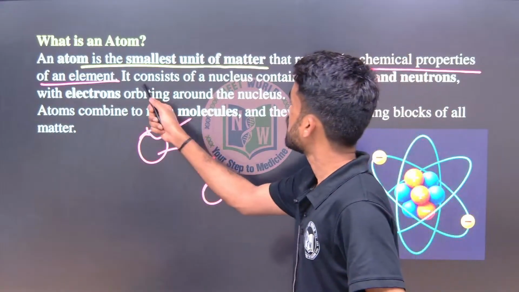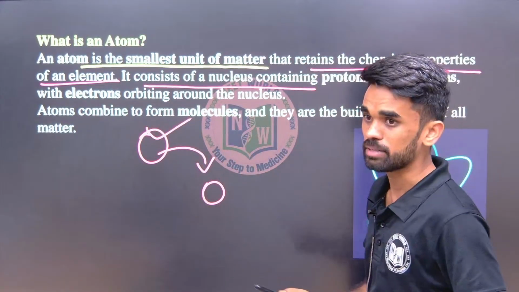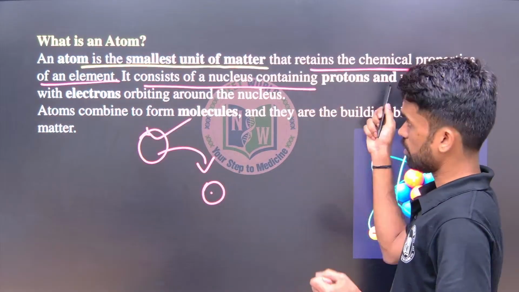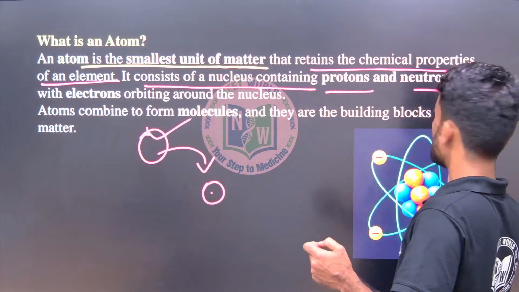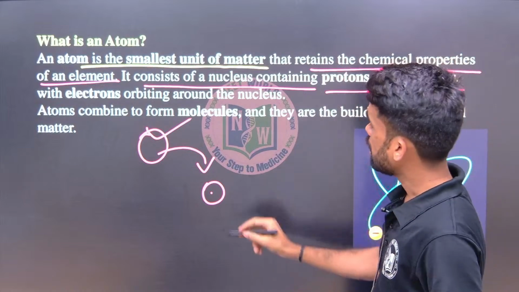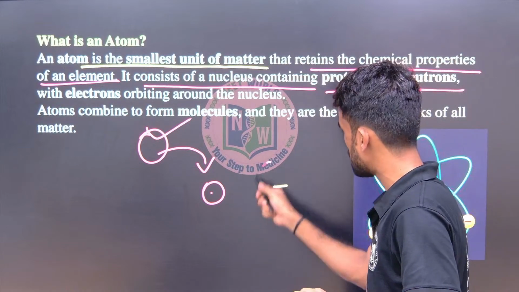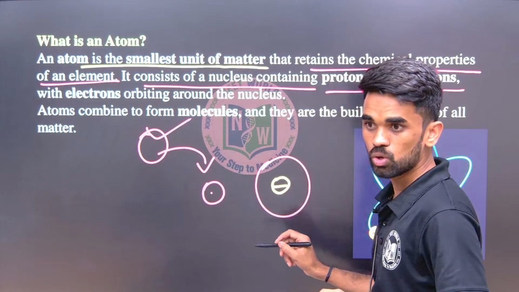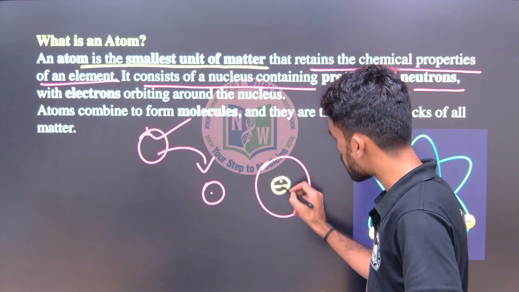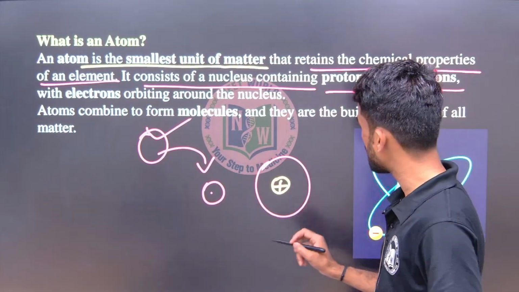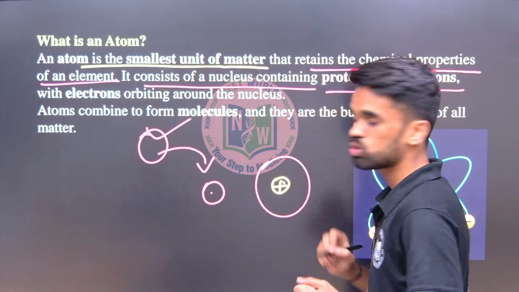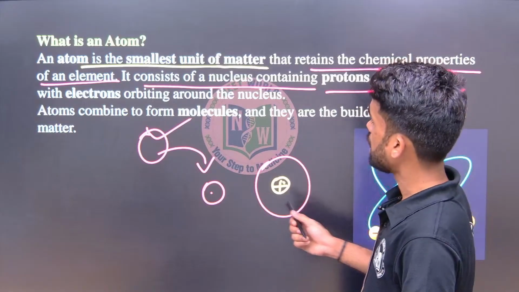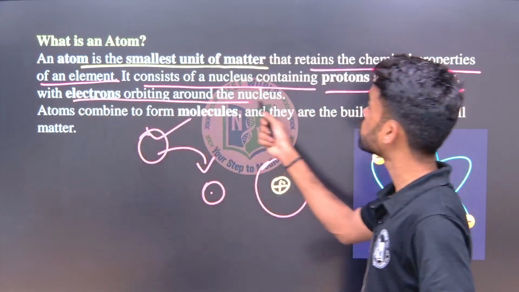An atom consists of a nucleus which contains protons and neutrons. In the nucleus, for example, we have protons, positive sign I am indicating, and along with that we have neutrons. There is no charge on a neutron, and electrons orbit around the nucleus.